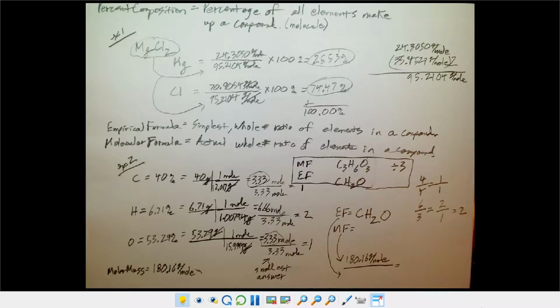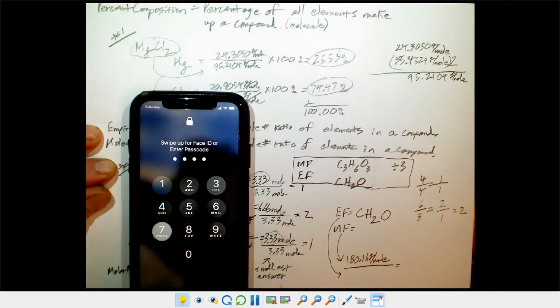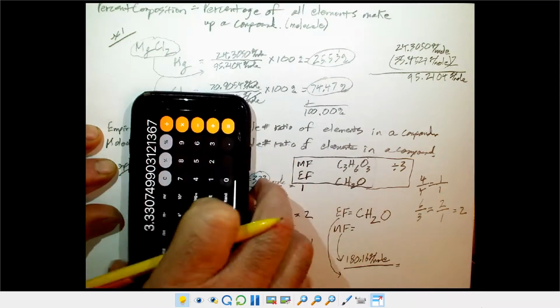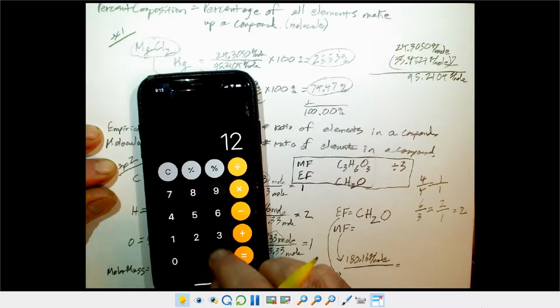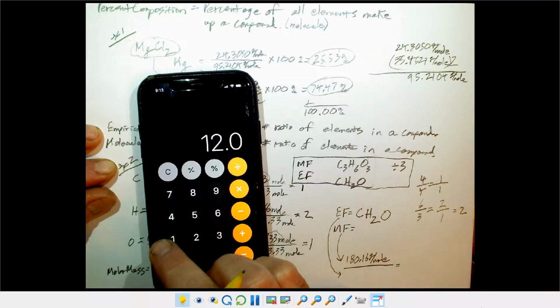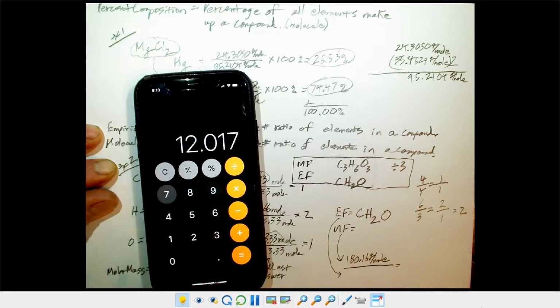So let's figure out what the molar mass of the empirical formula would be. For carbon, you've got 12.017.